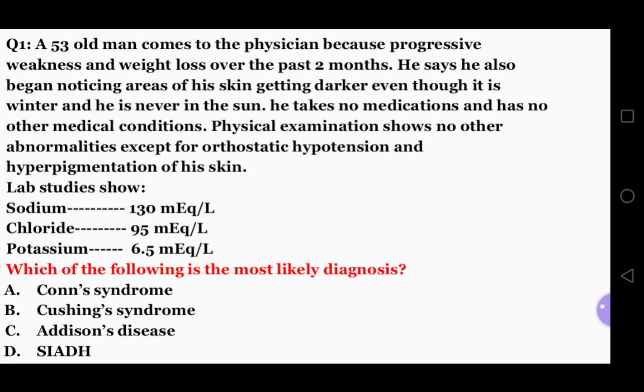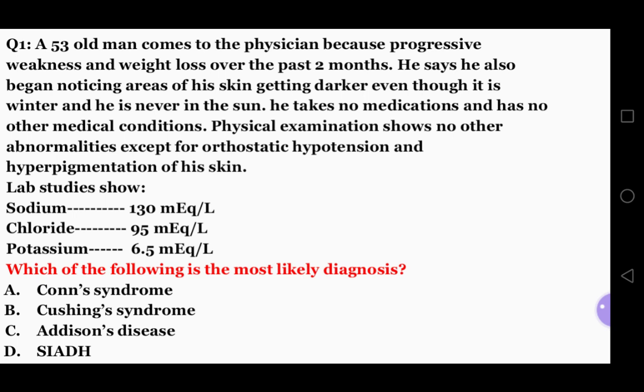Here is a question. A 53-year-old man comes to the physician because of progressive weakness and weight loss over the past 2 months. He says he also began noticing areas of his skin getting darker even though it is winter and he is never in the sun. He takes no medications and has no other medical conditions. Physical examination shows no other abnormality except for orthostatic hypotension and hyperpigmentation of his skin.